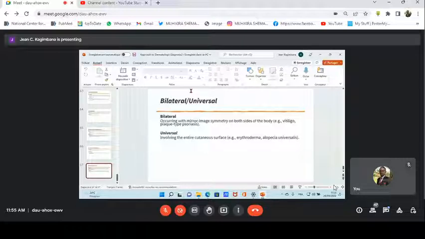you go to the sun, the lesions will appear where the sun-exposed sites are.